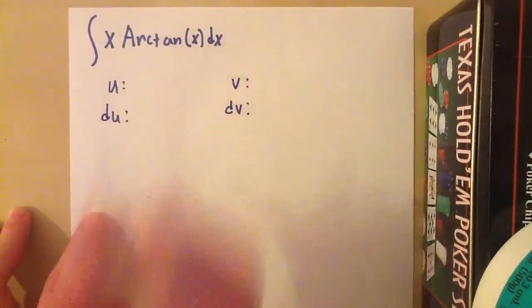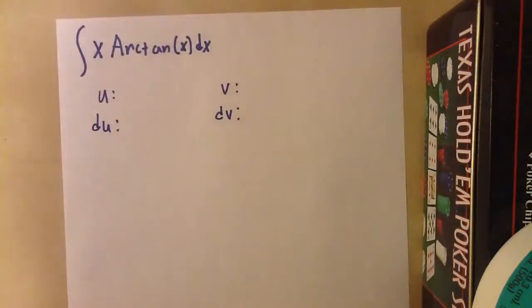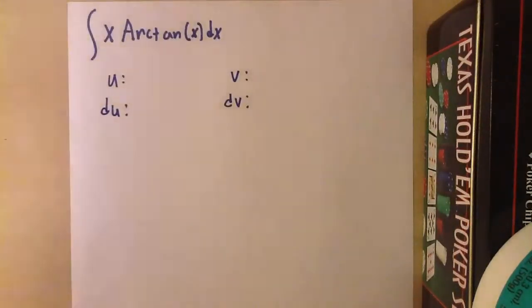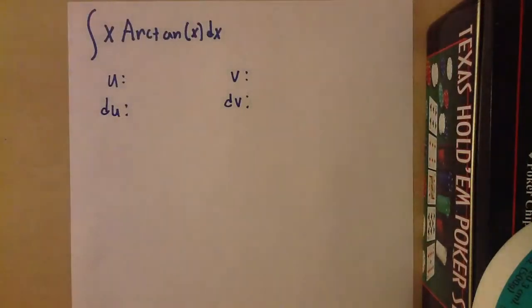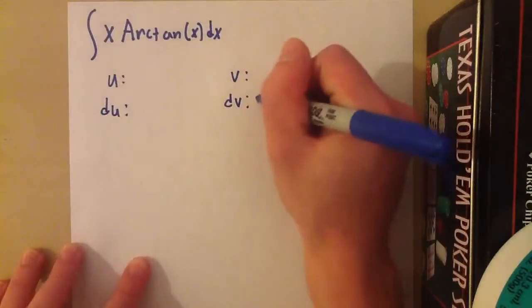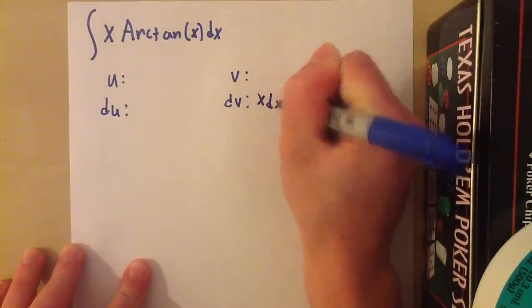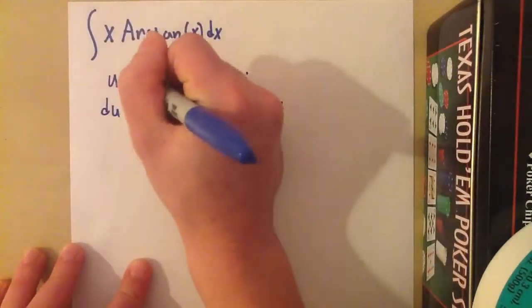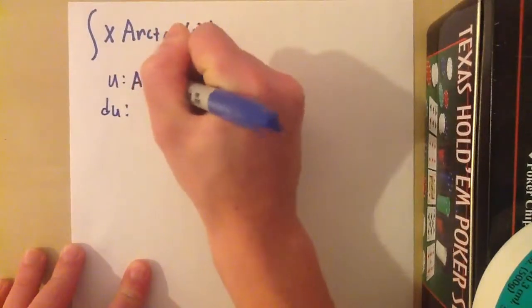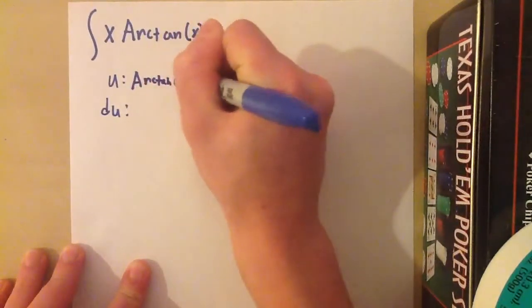Okay, so when figuring out what your u and what your dv is, you really want to think ahead. And I'm guessing you don't really want to anti-differentiate arctan x because that would be very messy. So we can go ahead and put our x dx as our dv, and our u would be arctan of x.